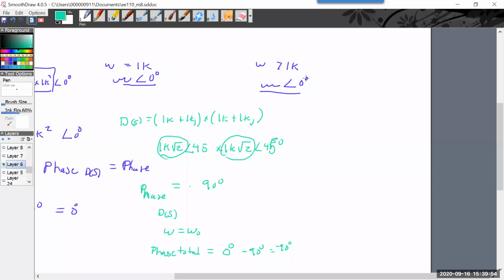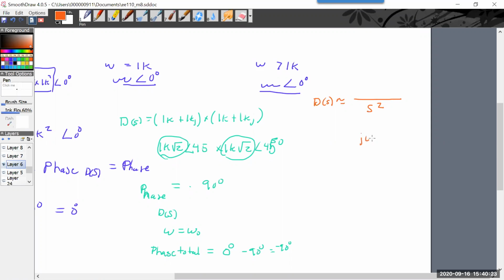Now when omega is greater than 1K, again, the numerator doesn't change for this example. It's all in the denominator. And this can be approximated by s squared, because omega is so much bigger than omega naught that it drops out.